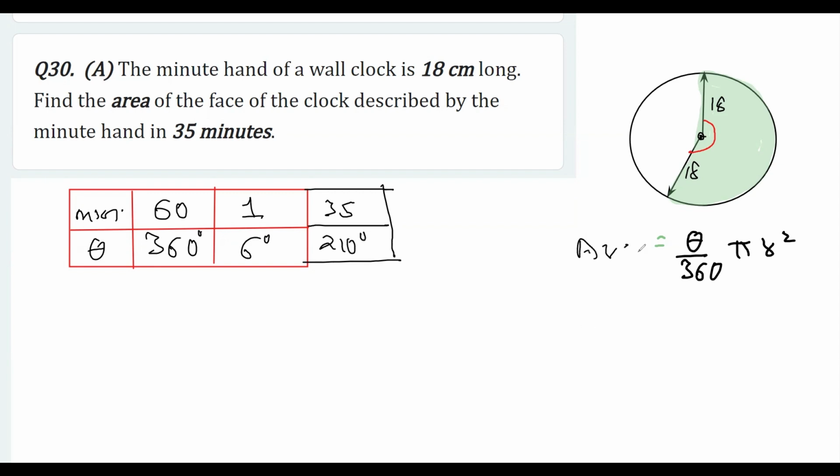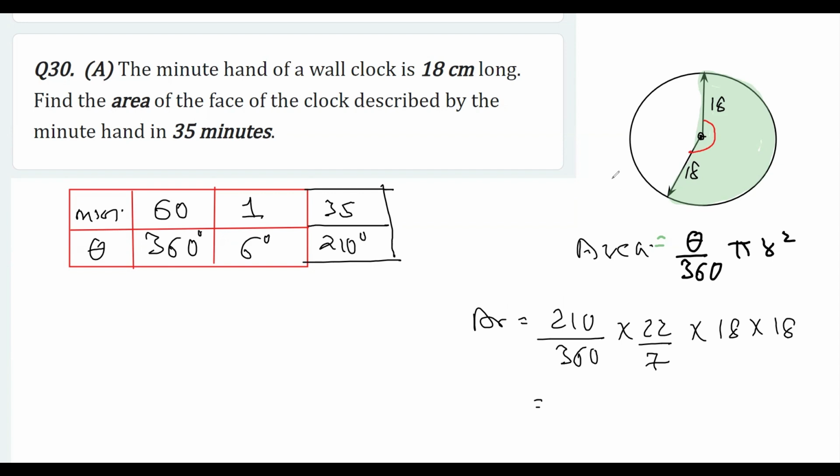So we can now find the area of this sector using this formula: 210 over 360 multiplied by π, replacing π with 22 over 7, and r square, r is 18, that's 18 into 18.